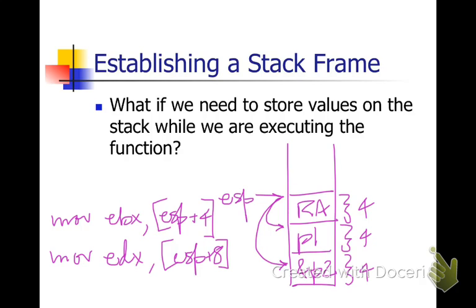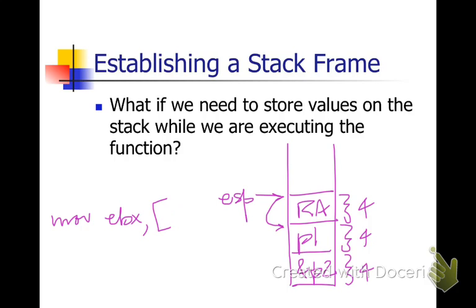But here's the problem. What if we need to store values on the stack while we're also executing the function? Let's say we want to allocate some local variable space.